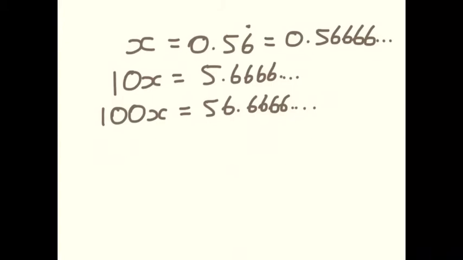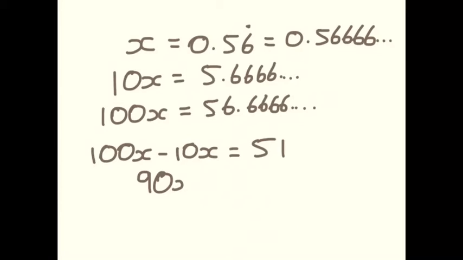And looking at the decimal part, this is still different from this one, but now this decimal part and this decimal part are the same. So in fact here I'm going to do my 100x take away 10x. So here we've got 56.666 minus 5.666, so actually we get 51. 100x minus 10x is 90x, and this is equal to 51, and so we get x equals 51/90.